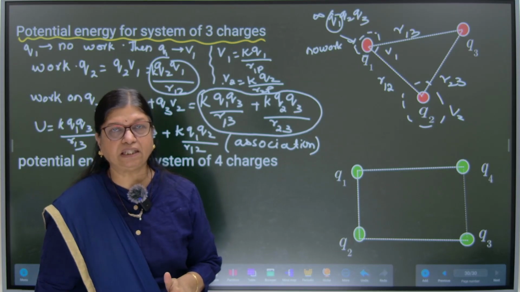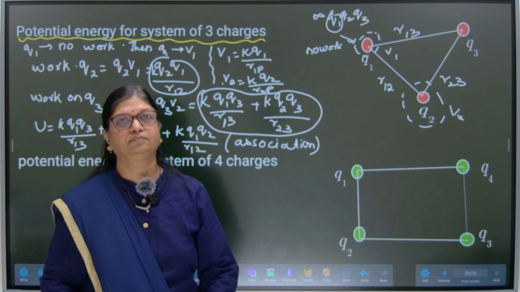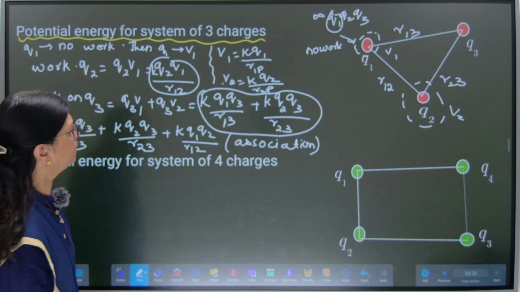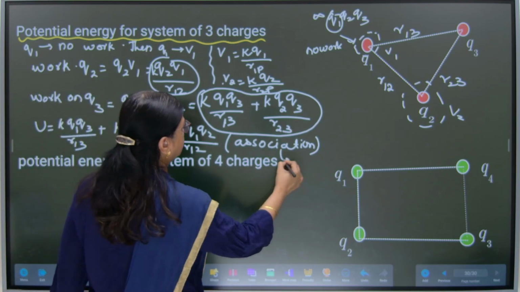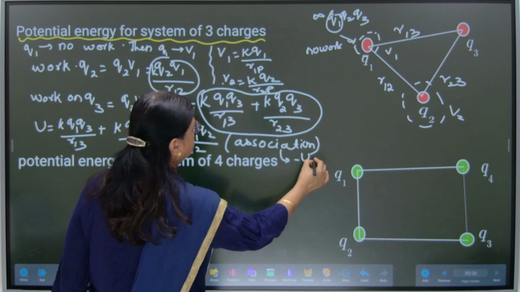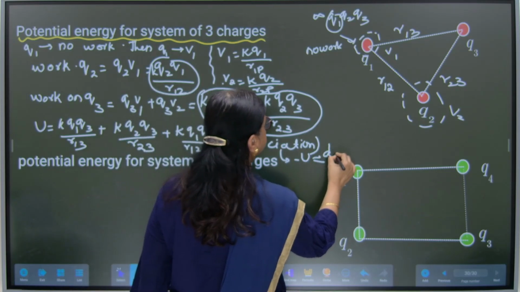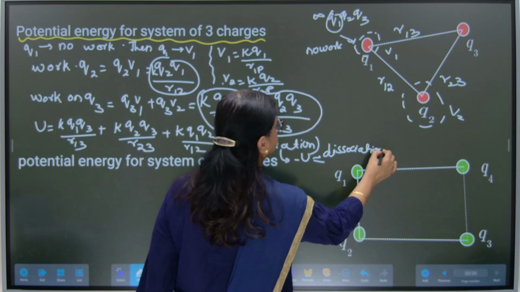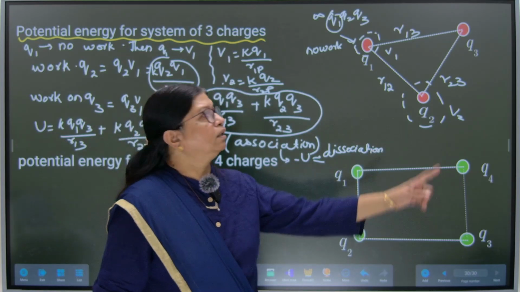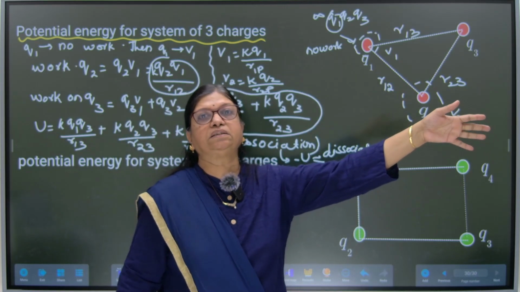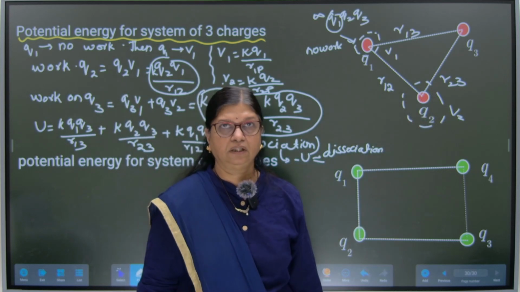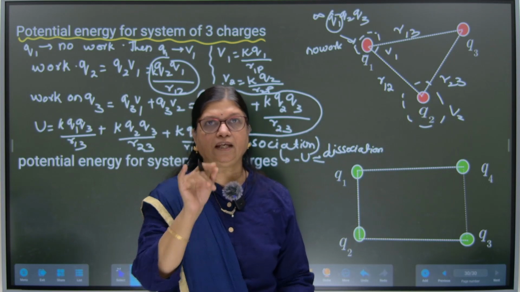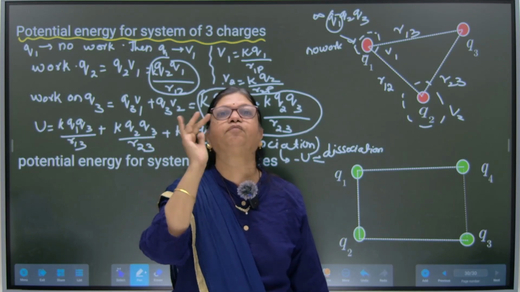What is the energy used to dissociate? What will your answer be? Same U, but instead of writing U, I will write negative U. Dissociation means separate. The system of these three charges is already there, and I want to separate them. Then whatever answer I get for association, I have to put a negative symbol in front of it.